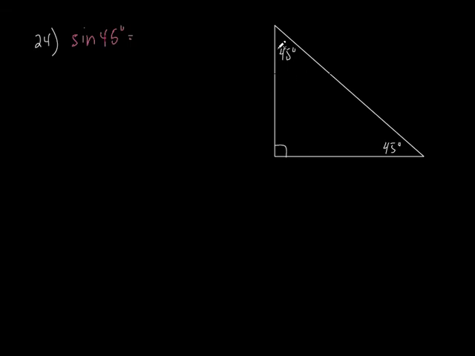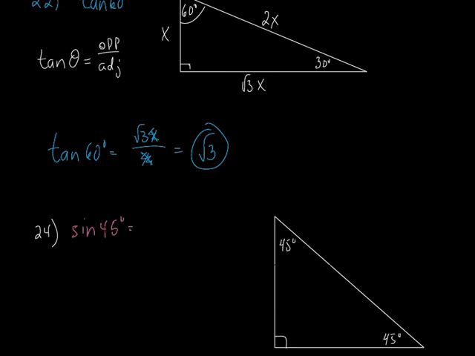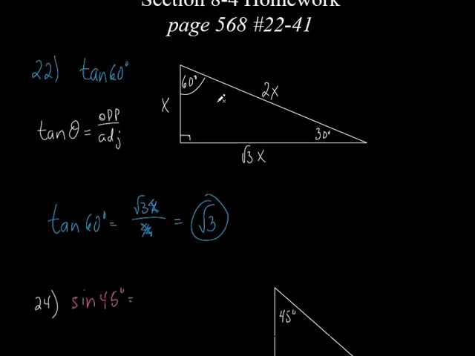So what do we have here? You can call this side whatever you want. You could actually put just a regular number in here if you wanted to. It doesn't matter. Just like up here, you didn't have to call it x. You could have made it 7 or 5 or 10 or anything like that, or 1 even.